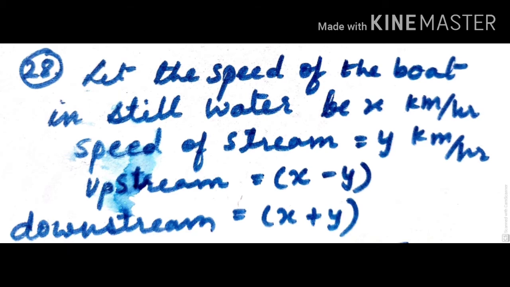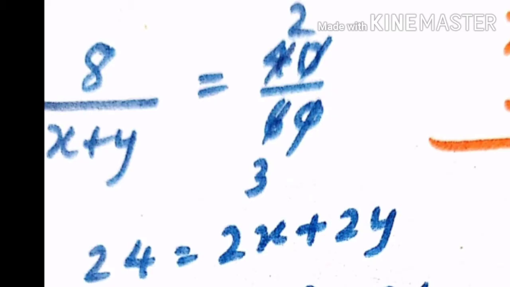Now we will form two different equations here. From our question it is given that a sailor goes 8 km downstream in 40 minutes, so time is given, right, 40 minutes. So distance upon speed, d by s, is equal to time.